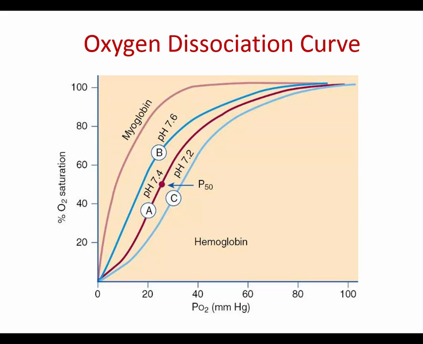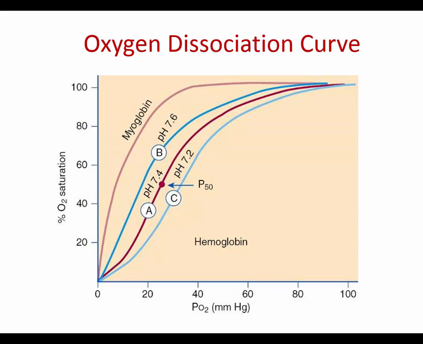tissue. Temperature, high temperature. And the last one that I want to tell you, what was the name of that molecule that was generated by the Rapoport-Luebering pathway? 2,3-BPG.